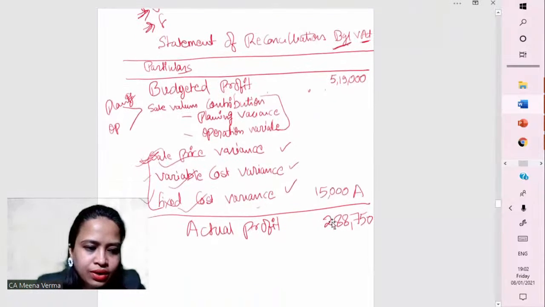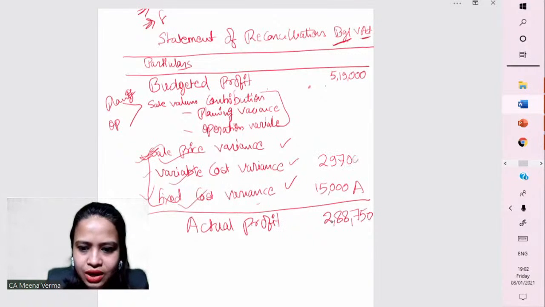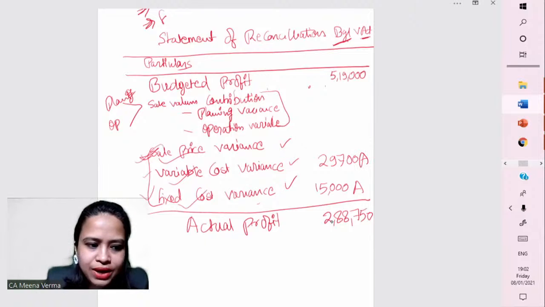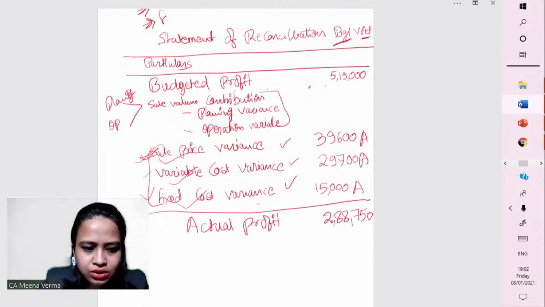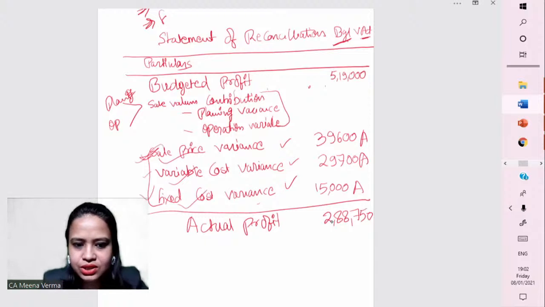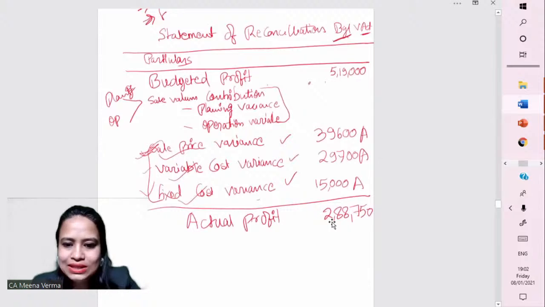The variable cost variance is 29,700 adverse. The sale price variance, you have given me the value 39,600 adverse. I hope everything is written correctly. So this is the situation.